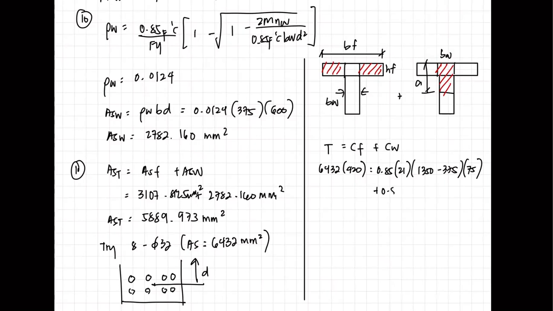Plus 0.85, 21, width natin na 375 times yung A na unknown. So A is 6432, 420 minus 0.85 times 21, 1350 minus 375 over 75. Divide that by 0.85, 21, 375. Ang A natin is 208.576 mm. Okay? So, that is greater than doon sa HF natin.